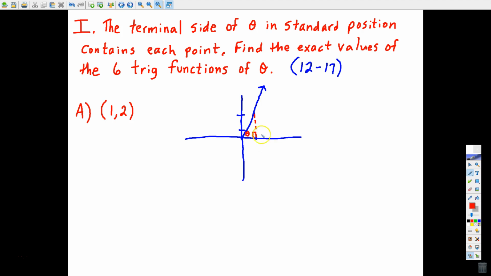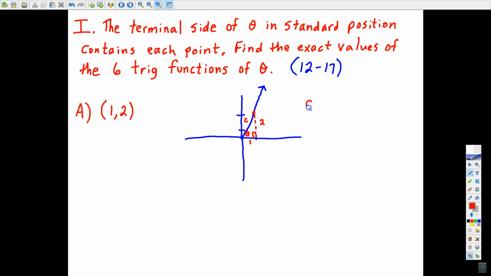All right, so here we have our right triangle, and if the point 1, 2 is here, that means that this side of the triangle has a measurement of 1. This leg here at the bottom, because my x-coordinate is 1 and the y-coordinate is 2, that means this leg of the triangle has a measurement of 2. Okay. What we don't know is the length of the hypotenuse, the side that's across from the right angle.